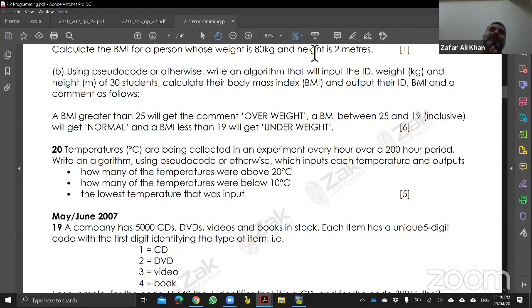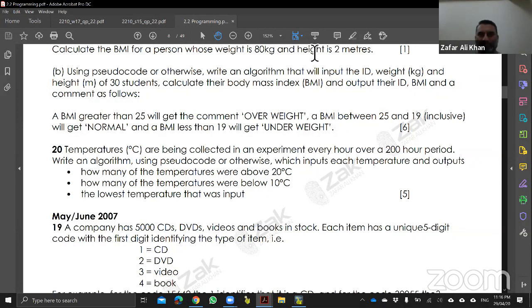This how many tells that this is counting, that out of 200 times we have to calculate how many times the temperatures were above 20 and how many times the temperatures were below 10 out of 200 times, and then we have to find the lowest. So once again, degree C is not being taken into consideration because it is a unit. We don't consider units to work this way.